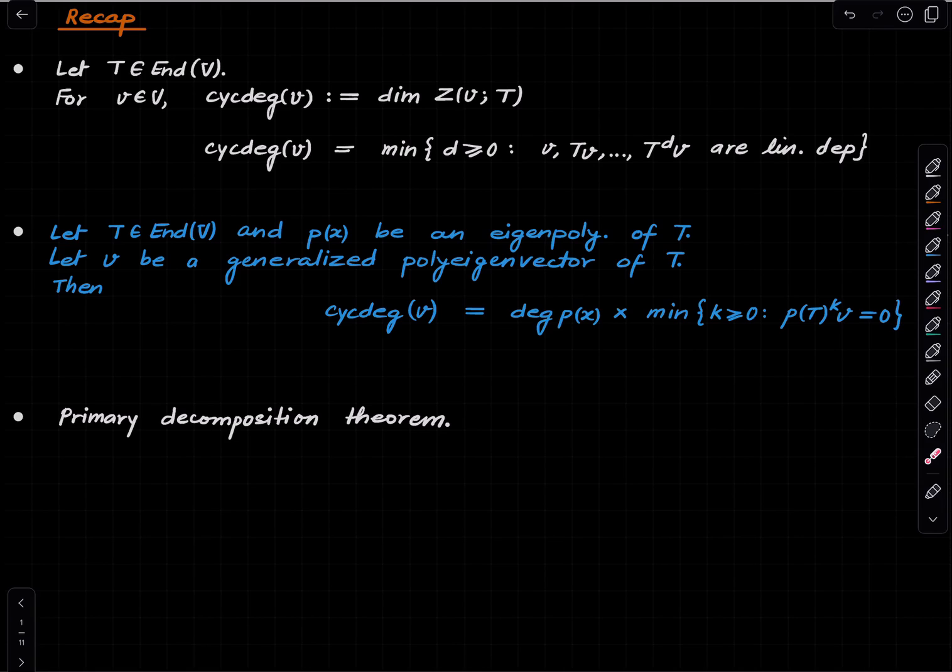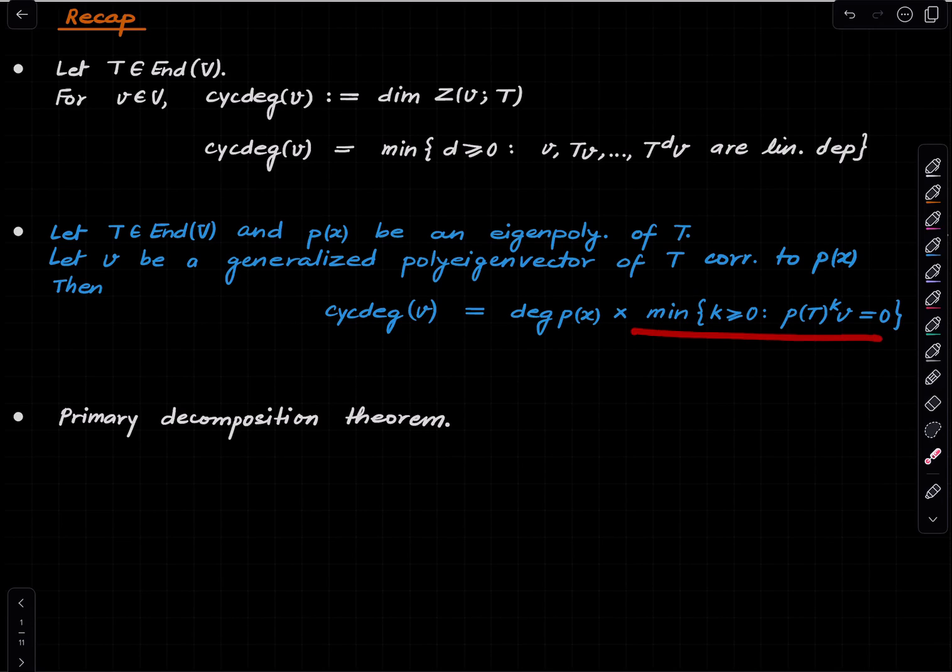We have this fact, call it a theorem or a lemma. We proved it, which says that if you have an endomorphism and Px is an eigenpolynomial of it, and V is a generalized polyeigenvector of it, corresponding to Px, then the cyclic degree of V is, first you find the smallest k for which this happens, and such a k must exist because V is a generalized polyeigenvector.